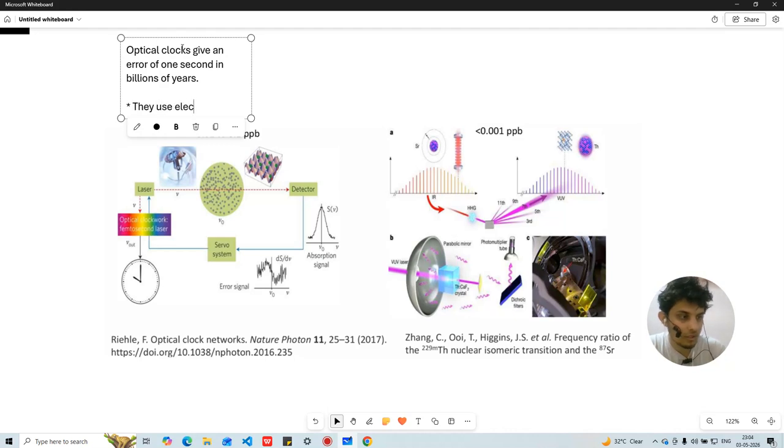They use electronic transition in atoms like strontium or ytterbium.